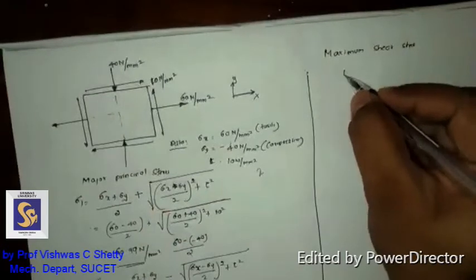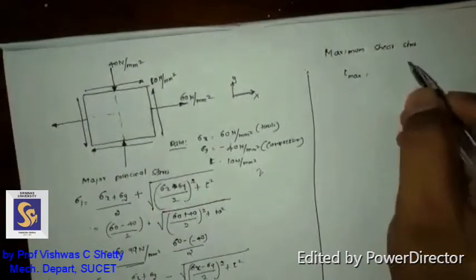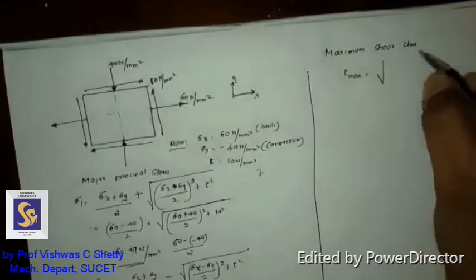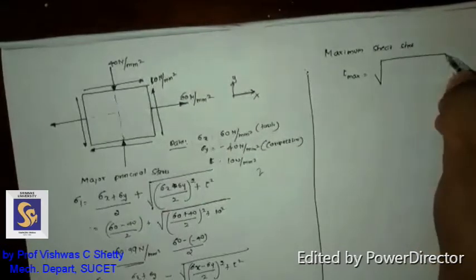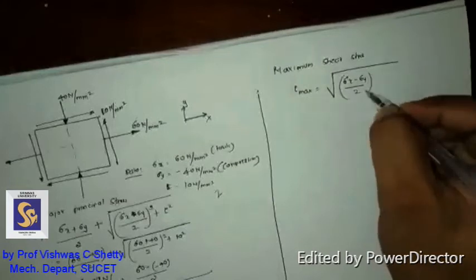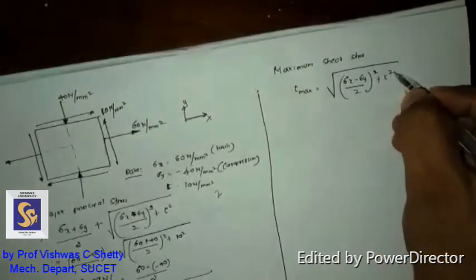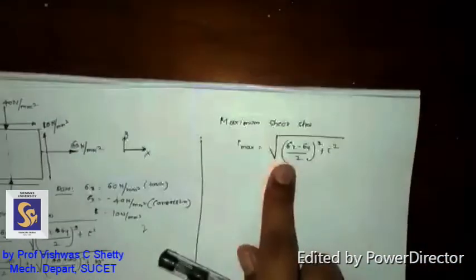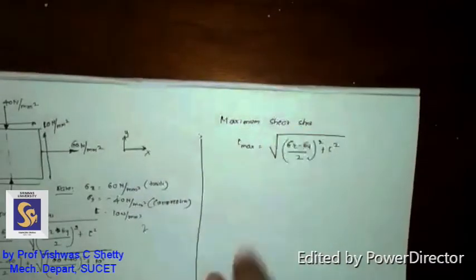So tau max is root of sigma x minus sigma y by 2 whole square plus tau square.